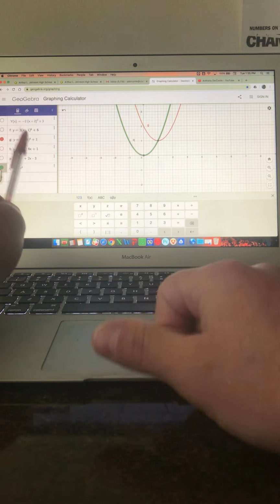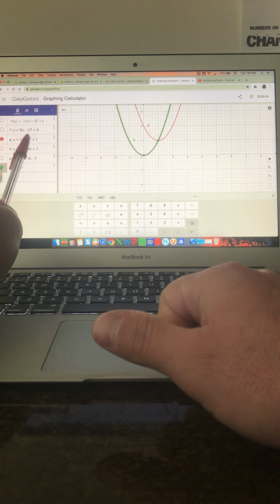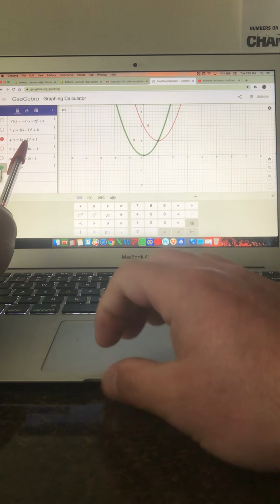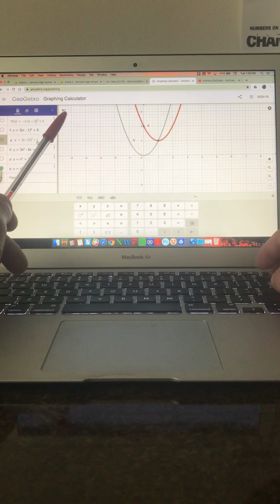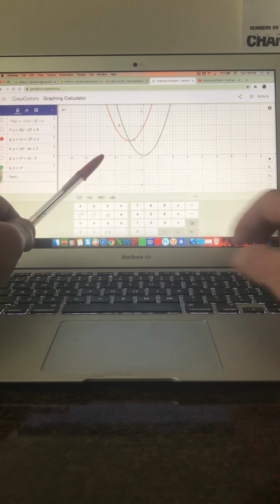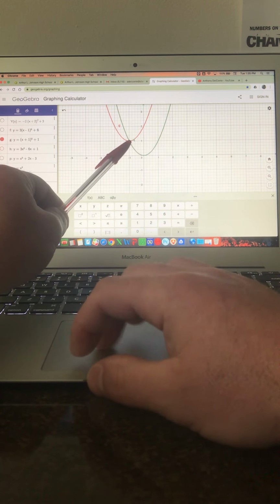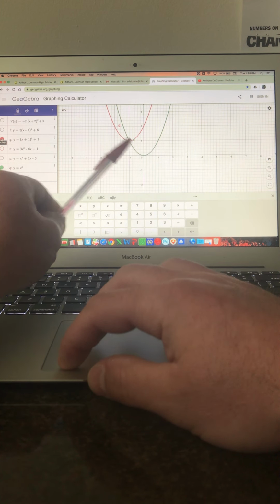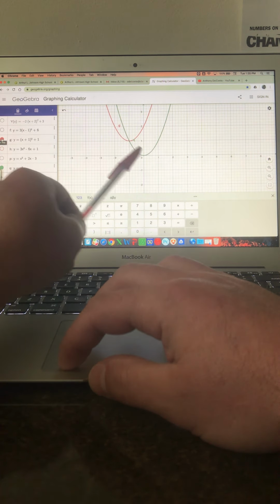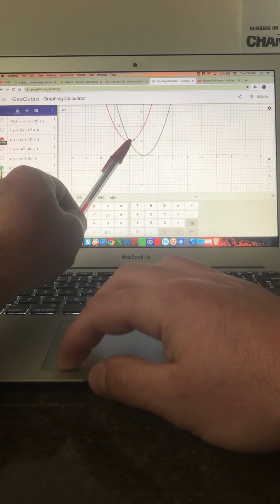So the big thing you have to remember is you're thinking opposite inside of that parenthesis. If this was a plus 1 in here, notice what happened now. It shifted to the left one and up 1.